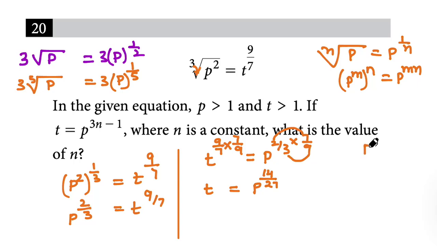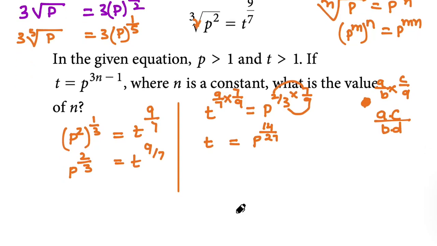The rule is that if we are multiplying two rational numbers, the numerator is multiplied with the numerator and the denominator is multiplied with the denominator. Now we have t is equal to p to the power 14 over 27, but the question says t is equal to p to the power 3n minus 1.